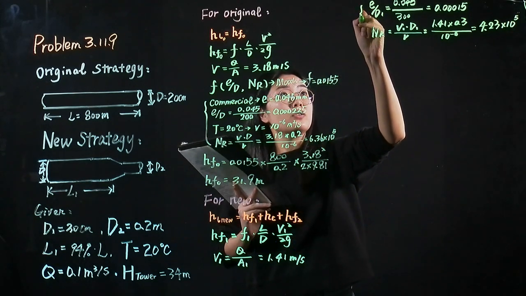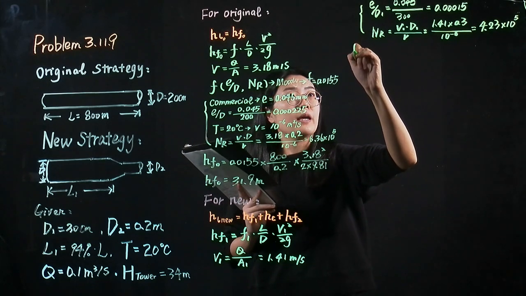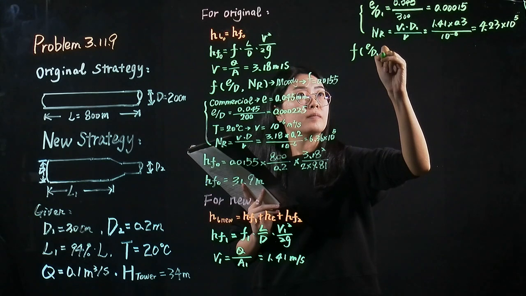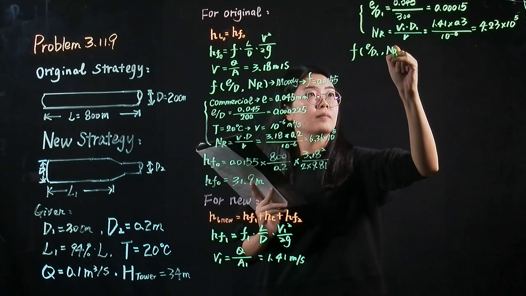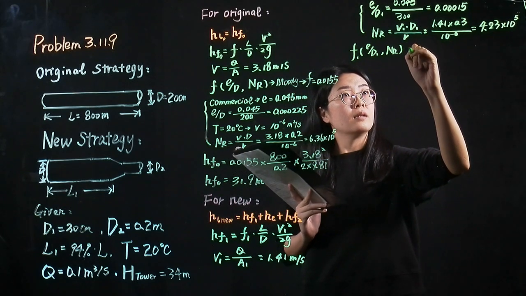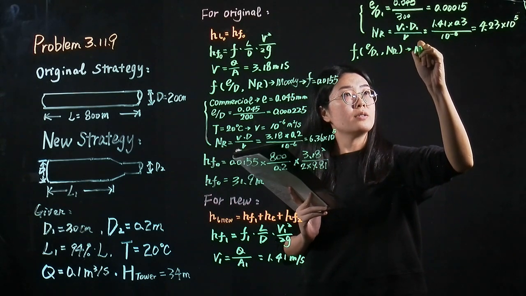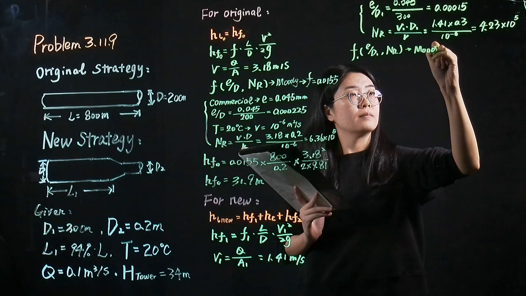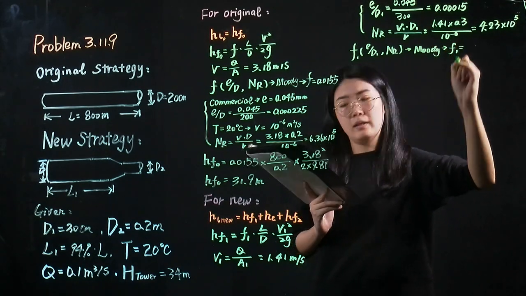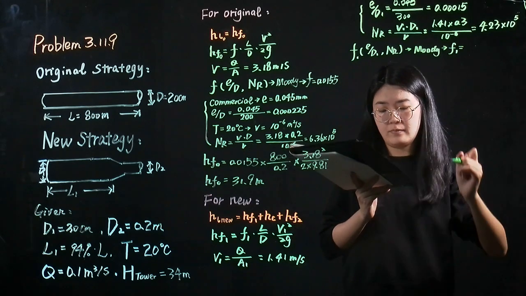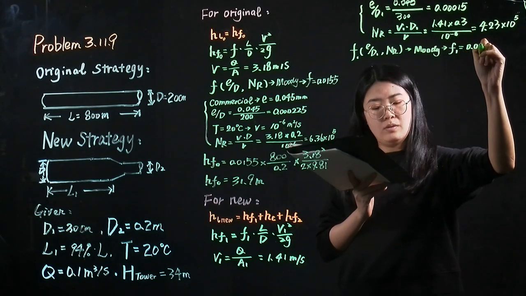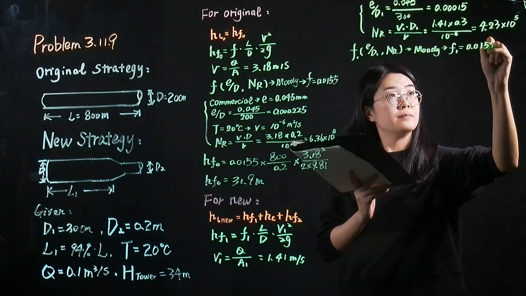So based on these two pieces of information, we can determine the friction factor 1 by using the Moody diagram. F1 is equal to 0.0155.